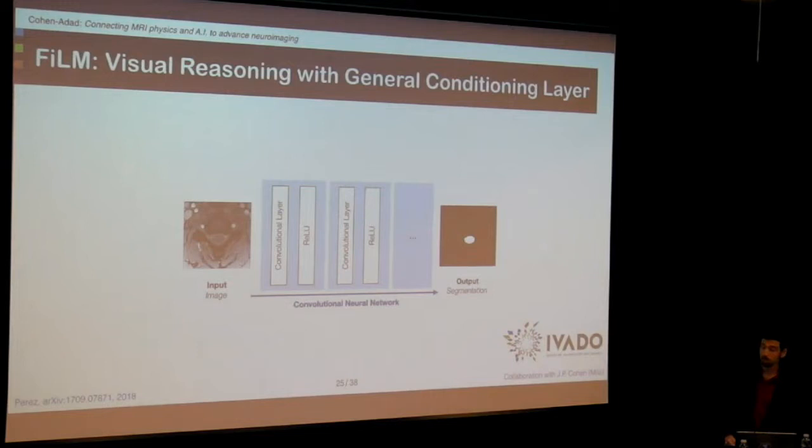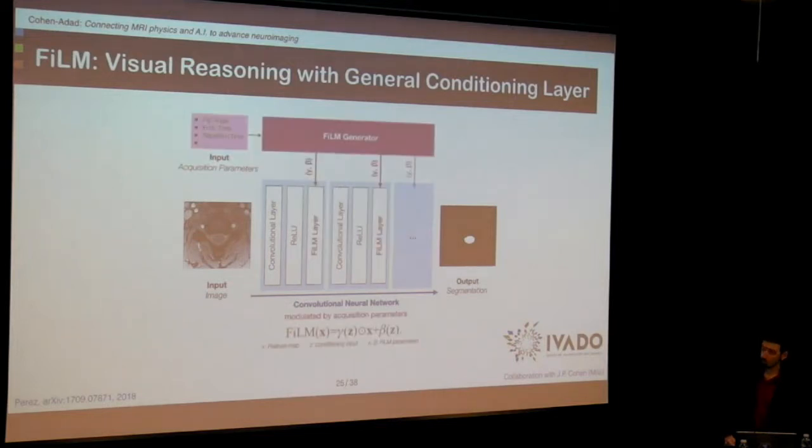When we adapt this for FiLM, this CNN, which could be a U-Net, some of the outputs at each layer are modified, and they are basically modified using an affine transformation. And this affine transformation is defined by parameters beta, which is an offset, and gamma, which is a scaling factor.